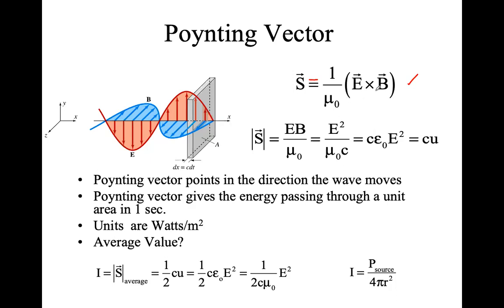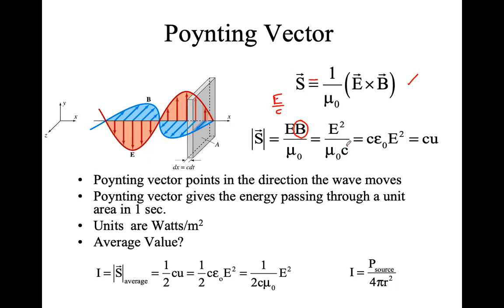If I've got the direction, which is the direction the wave's traveling, the magnitude of Poynting's vector is just the magnitude of the electric and the magnetic field. What I did here is use the fact that the magnetic field is just the electric field divided by the speed of light. And so now I've got the electric field squared divided by the speed of light.